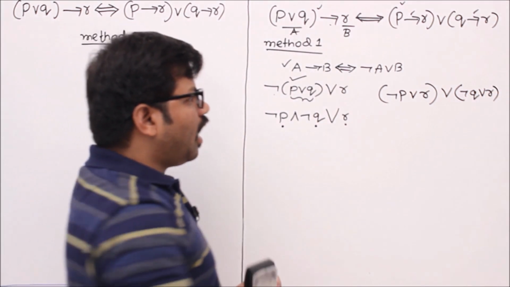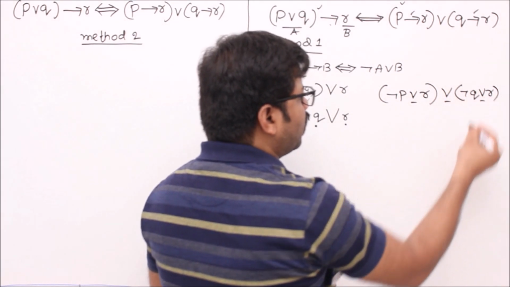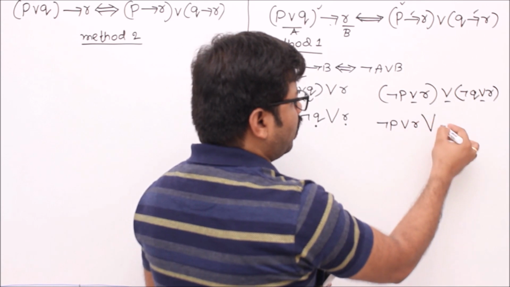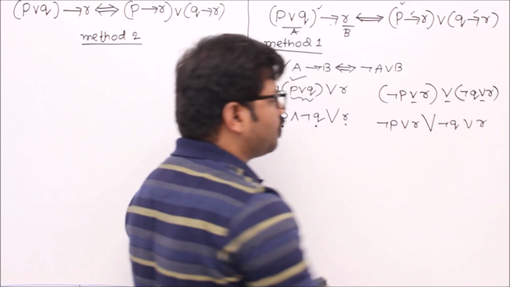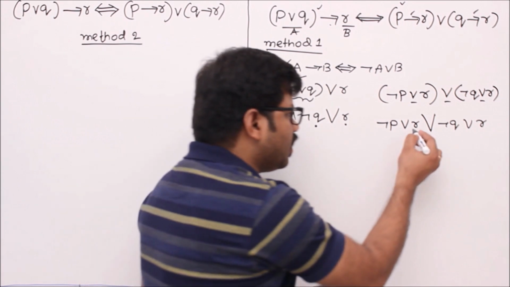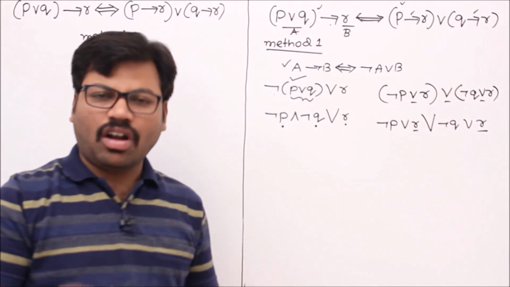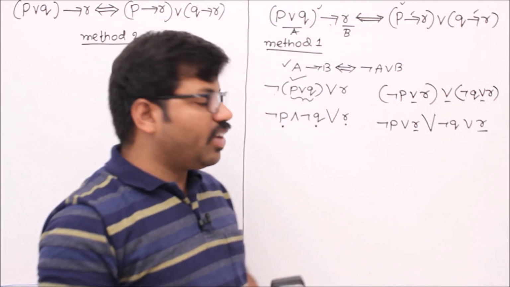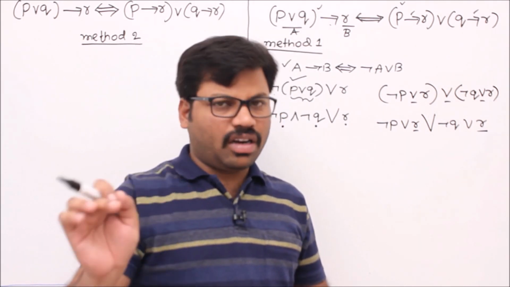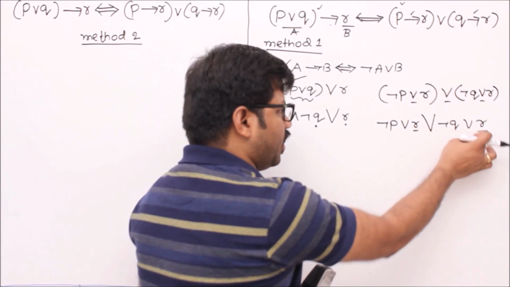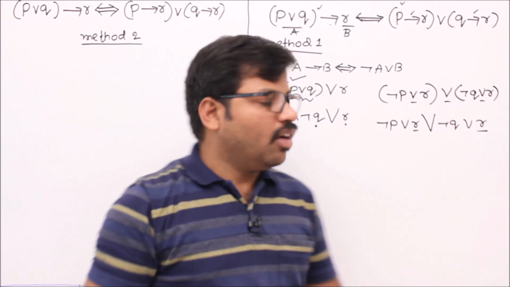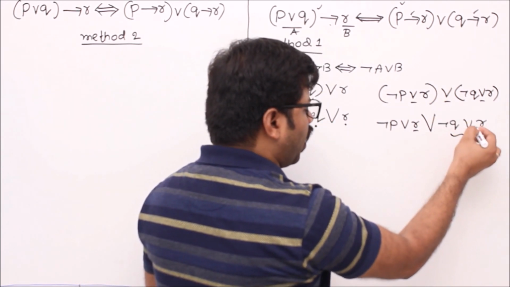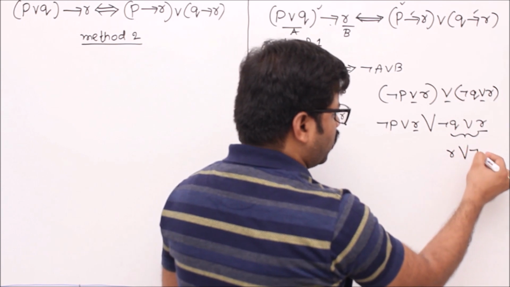Now all are OR operators, so we can open the braces: negation P or R or negation Q or R. Now there are two variables with the same name, R, and I would like to simplify them. For that we have the rule R or R is R, but they are not together, so we have to somehow bring them together. For that I use the commutative rule: negation Q or R is equivalent to R or negation Q.